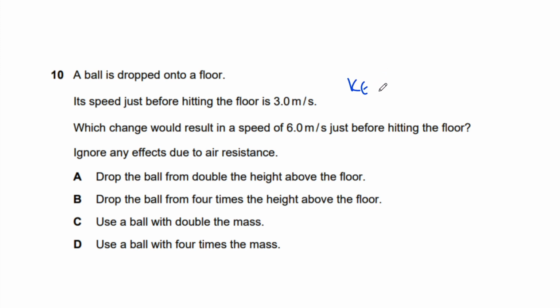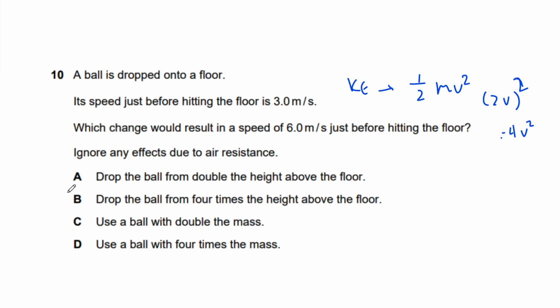In other words, it wants to increase the kinetic energy by 4 times, because of 1/2 mv squared. If velocity is changed by 2, then that will be 4 times. So it wants the kinetic energy to increase by 4 times.